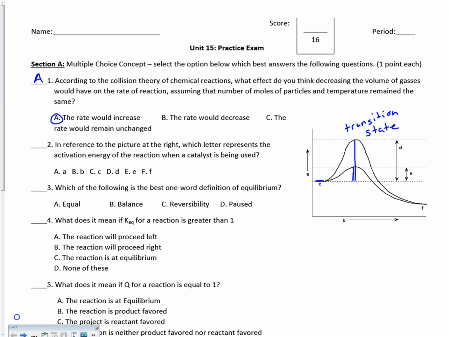The catalyst makes the transition state more stable, which means you don't need as much energy for the reaction to happen, and so collisions don't have to be as strong. A catalyst increases the rate of a reaction by decreasing the amount of energy needed. In this case, the activation energy for a catalyst is represented by letter E.